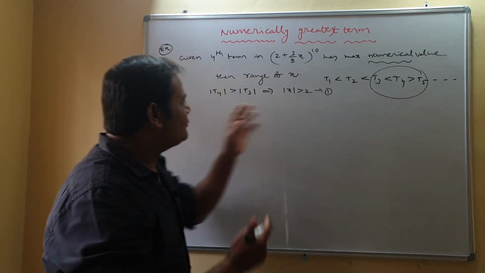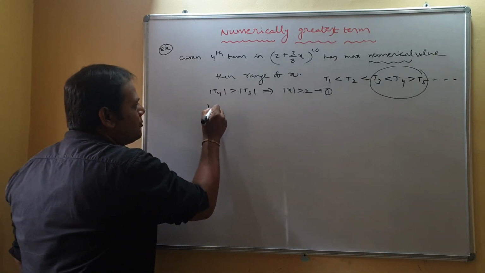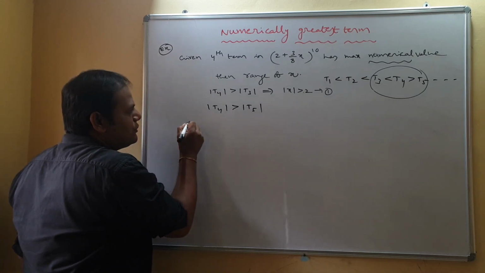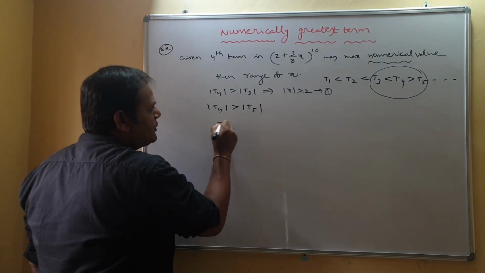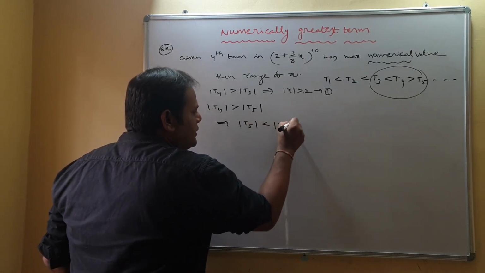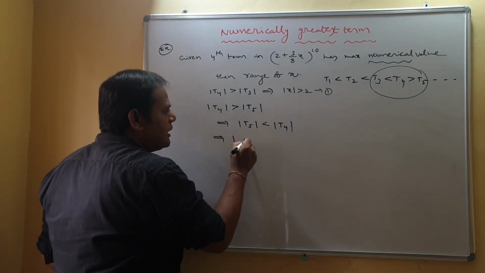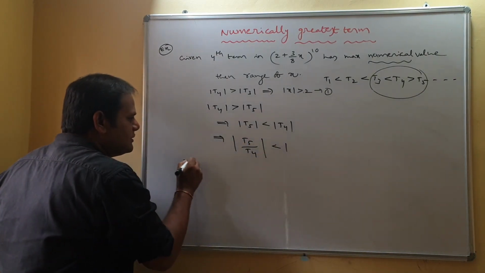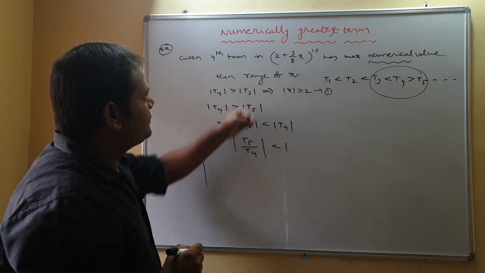Is it? So now I am going to take that mod T4 is greater than mod T5. Is it? So from this you can write mod T5 is less than mod T4. So mod T5 by T4 is less than 1. Is it? So what is the fifth term in this expansion?